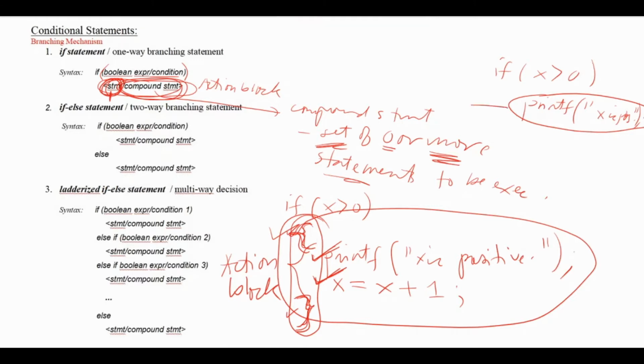If there is only one statement in the action block, then you don't need to enclose it with curly braces, but you may do so. You can still enclose that one statement inside curly braces if you want, but it is not necessary. The curly braces are necessary only if there is more than one statement in the action block.